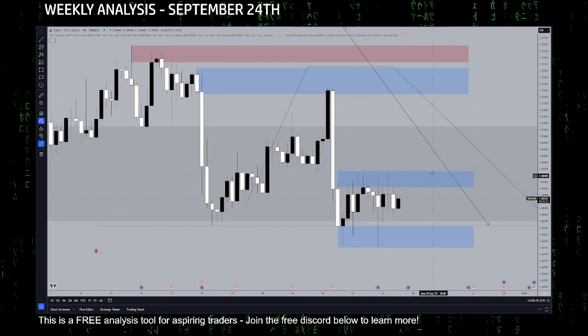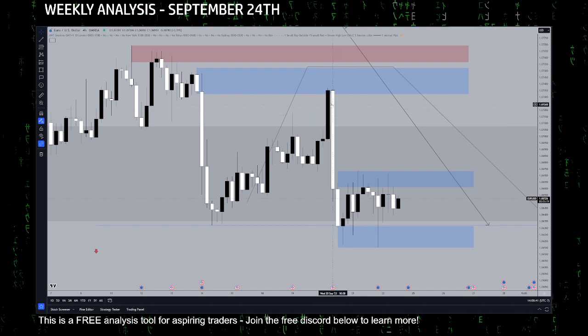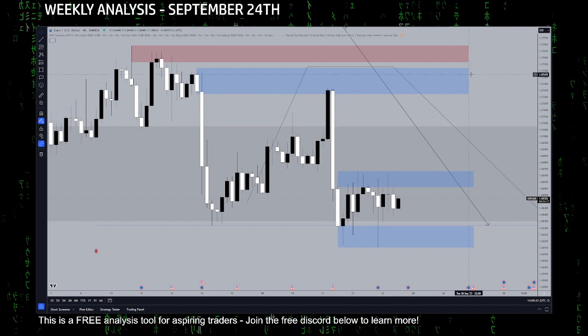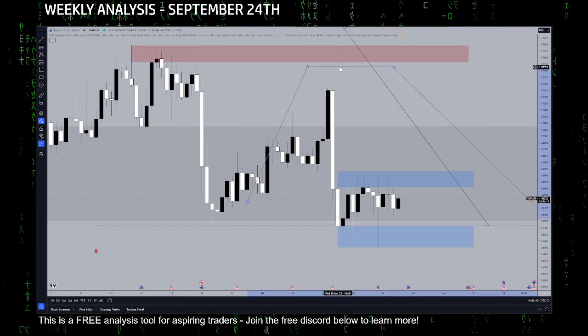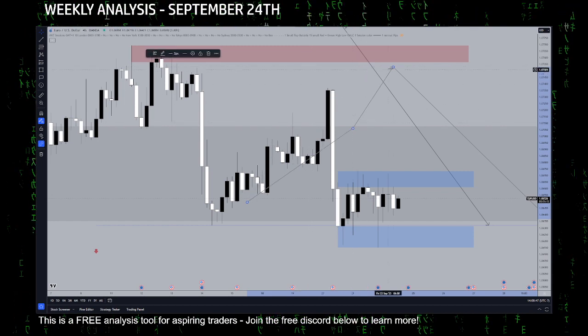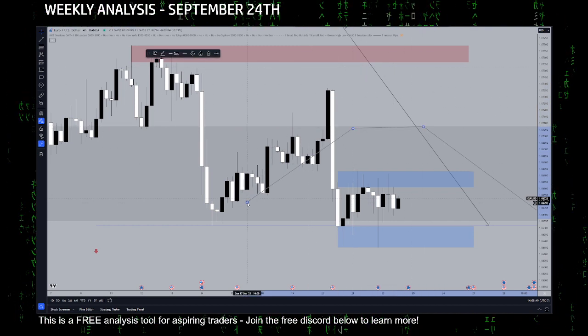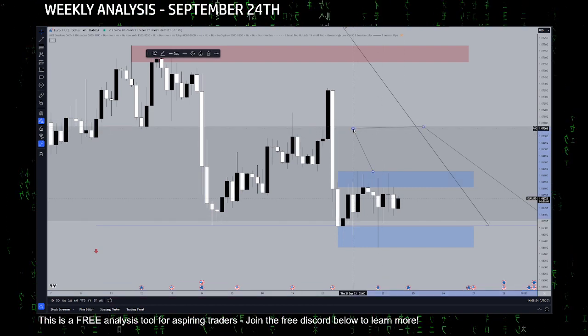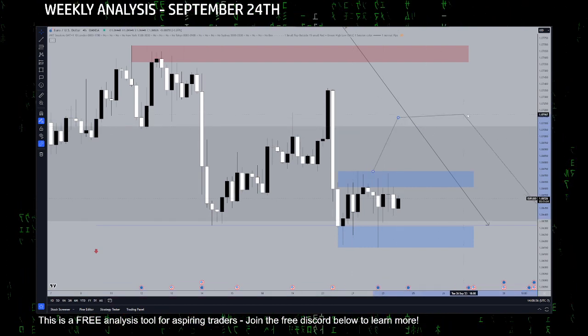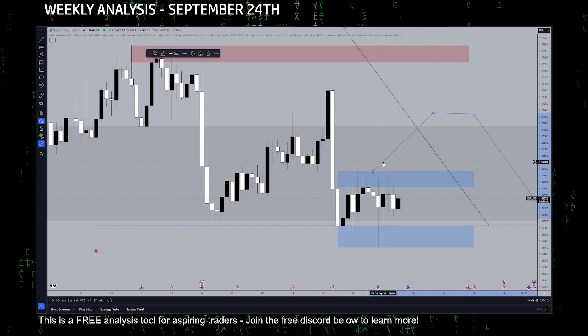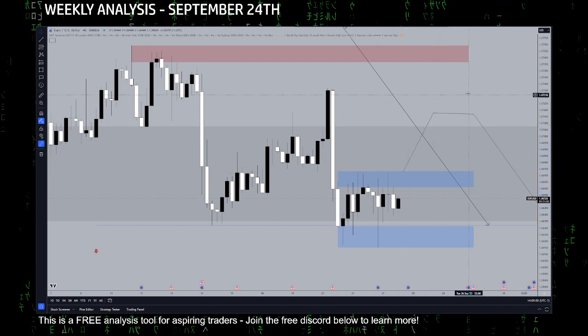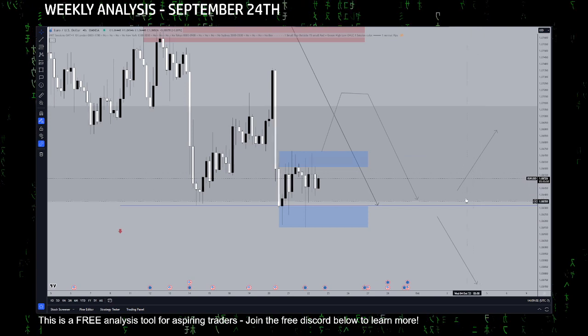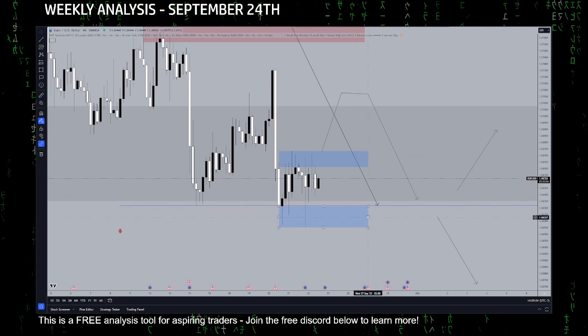So if price can get above this area, I would look for a pullback back into this area here, where this supply lives, something like this. Okay, something like this, and then again, a break or bounce situation, continuation to the downside.